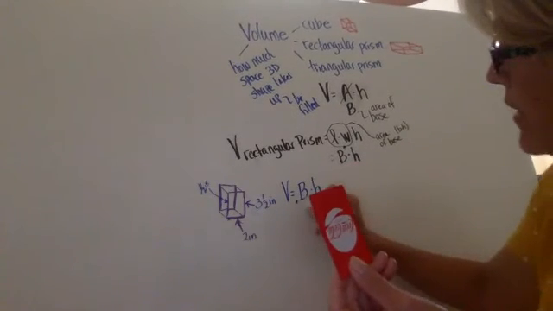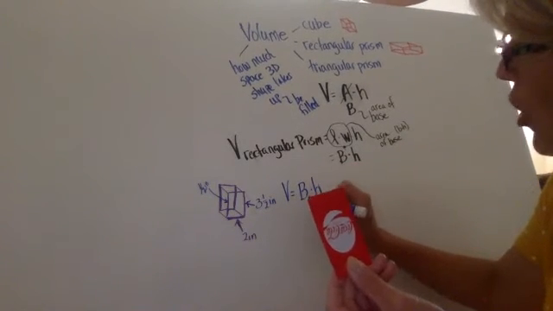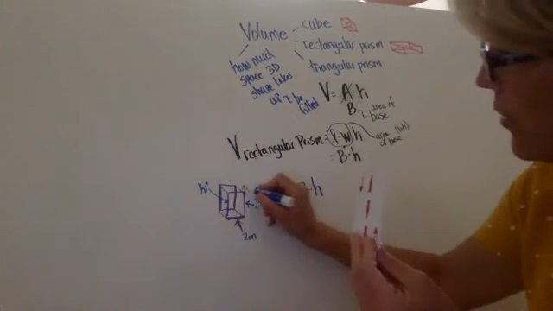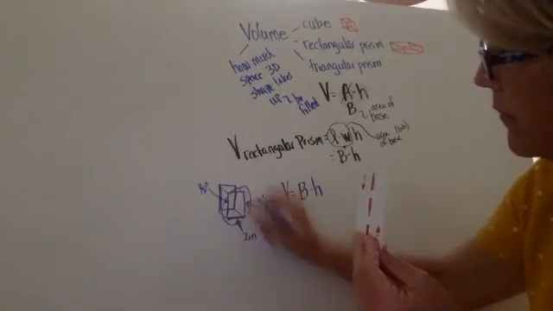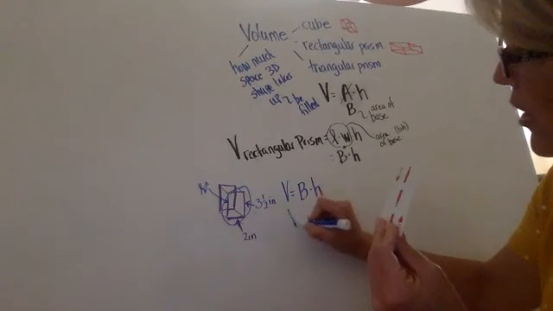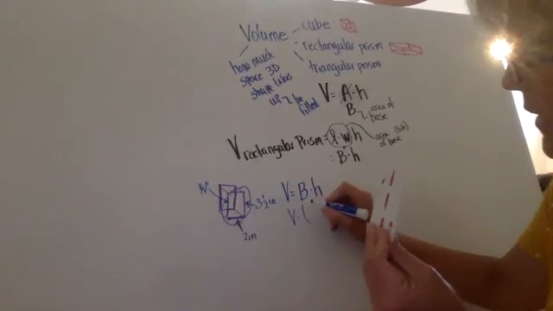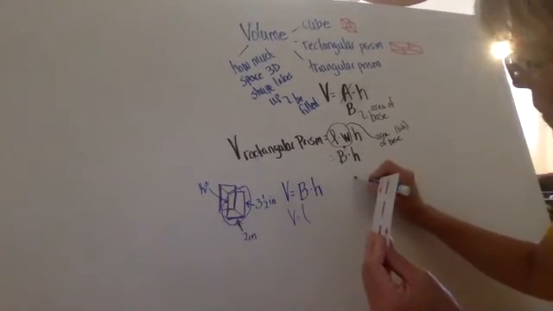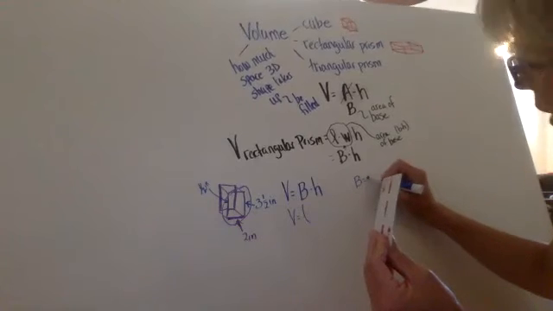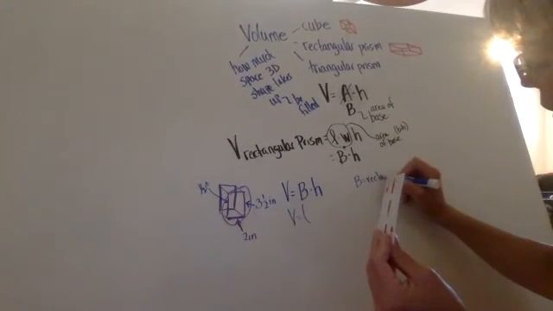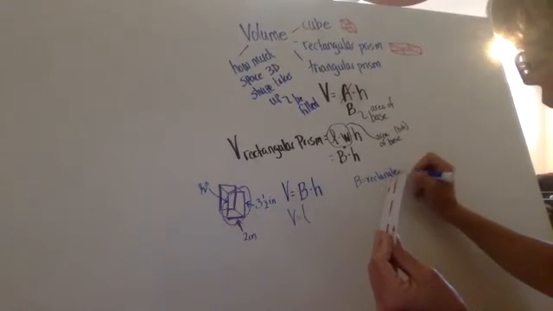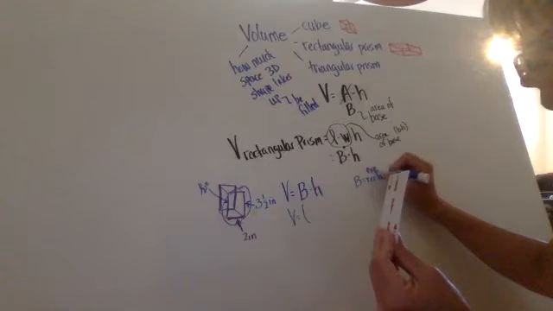So this big B, remember, is the area of 1 card. So 1 card would be right here. So I'm going to change it, substitute what I know. The base, it's a rectangle. So I'm going to put big B over here. Big B is a rectangle. And it's the area of a rectangle.